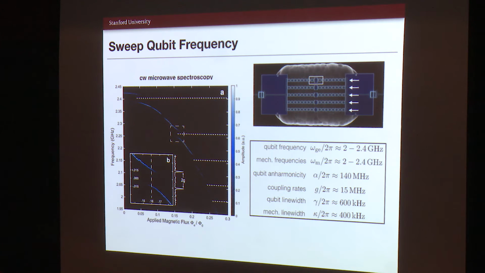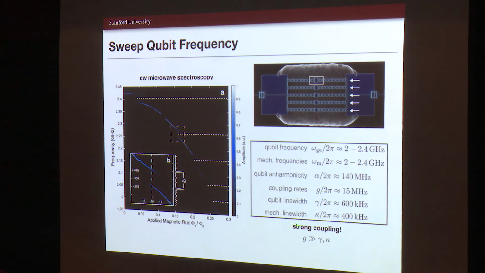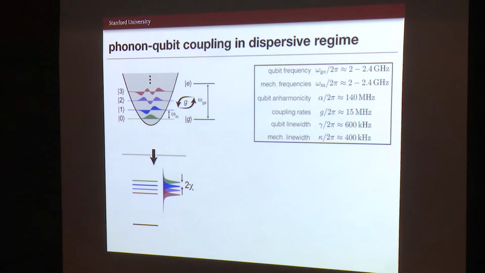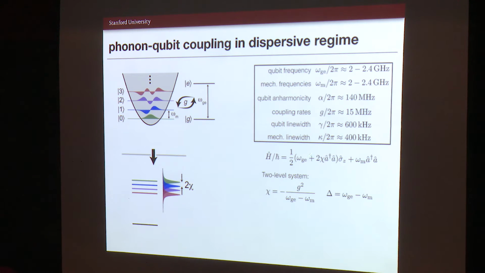These are the numbers. We get Gs of around 15 megahertz. Our line widths are at around half a megahertz for both the qubit and the mechanics. So even though we're quite a ways away from state of the art, we're still in the strong coupling regime. In fact, it's better than strong coupling, because the coupling is strong enough that we can detune the qubit from the mechanical resonator and still have, to second order, an appreciable coupling rate.